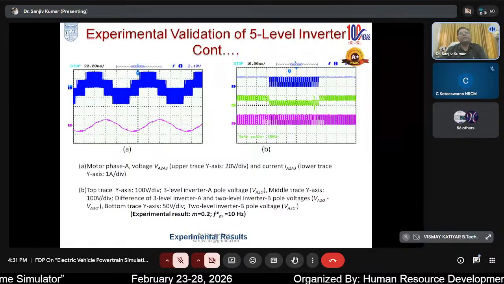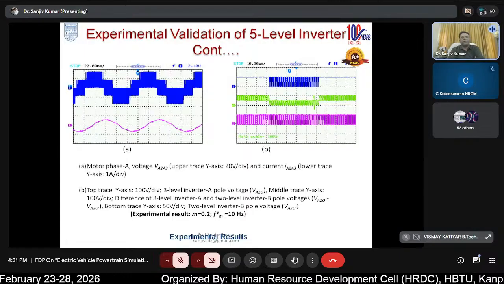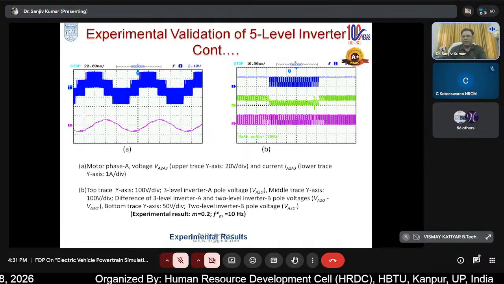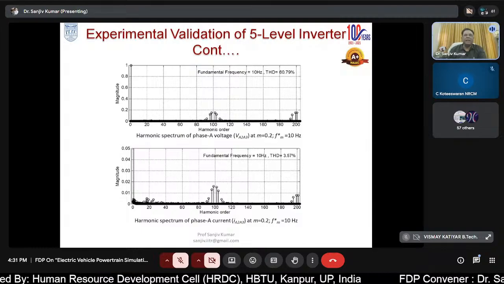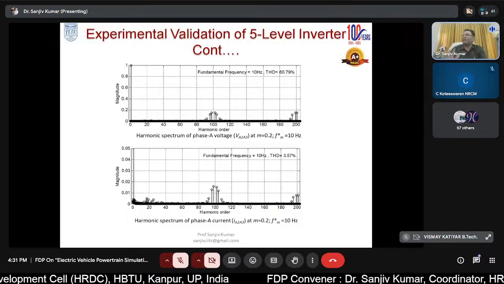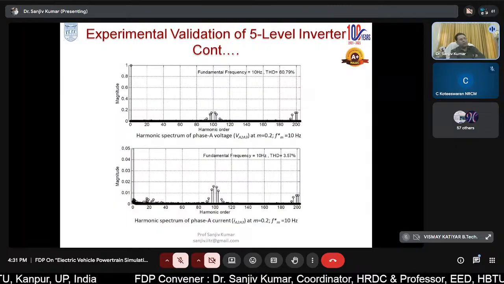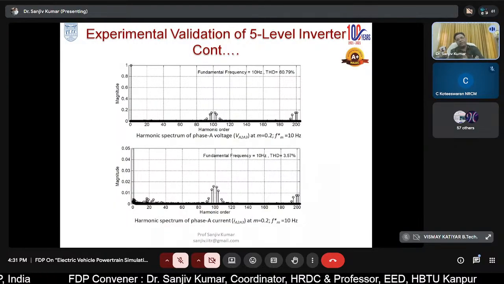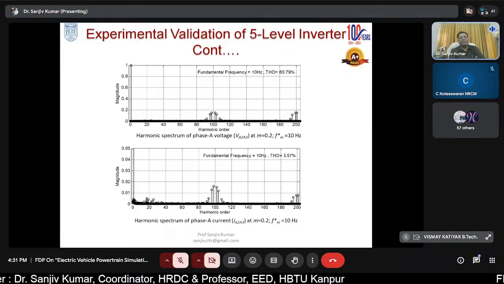So here you can see the hardware results when we operate our inverter at a modulation index of 0.2, and these are the THD. It looks like these are simulated ones. No, these are not simulated. These are the actual hardware results. How did we get this?